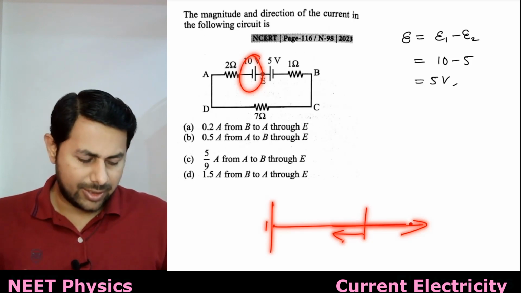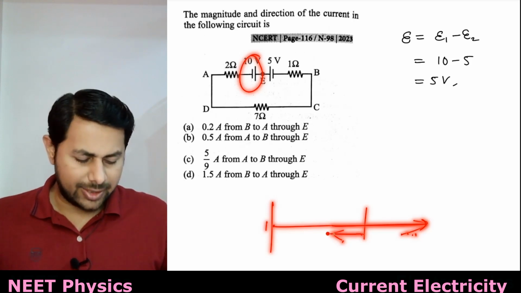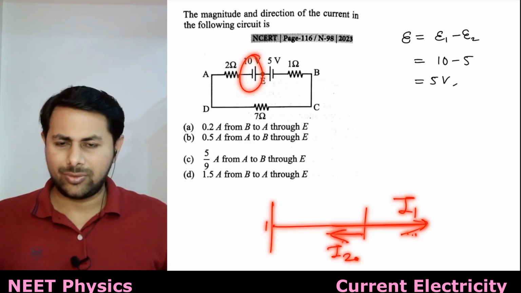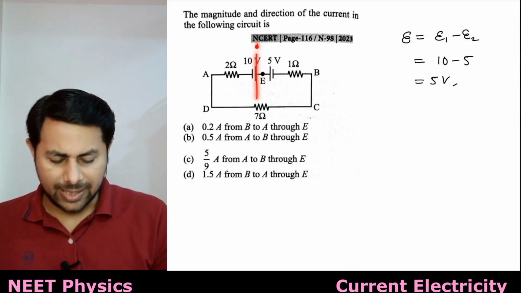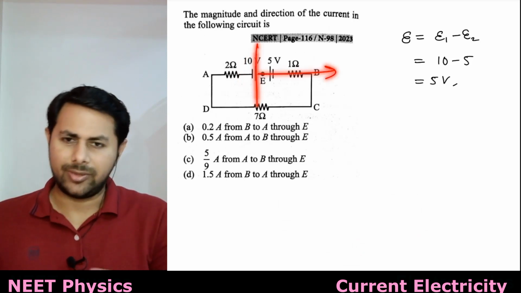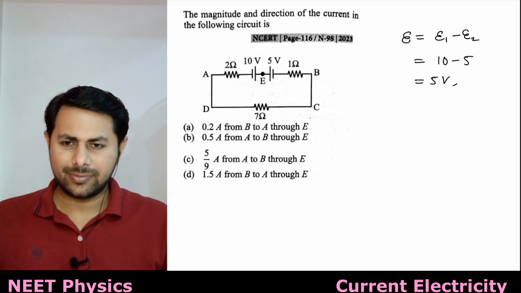So this current would of course be larger than this one. Let's say this is I1, this is I2. The net current would be I1 minus I2, right? And it will be towards right because this one is the larger battery. This is its positive terminal. Is it clear, everyone? Right, Nikita, is it clear?